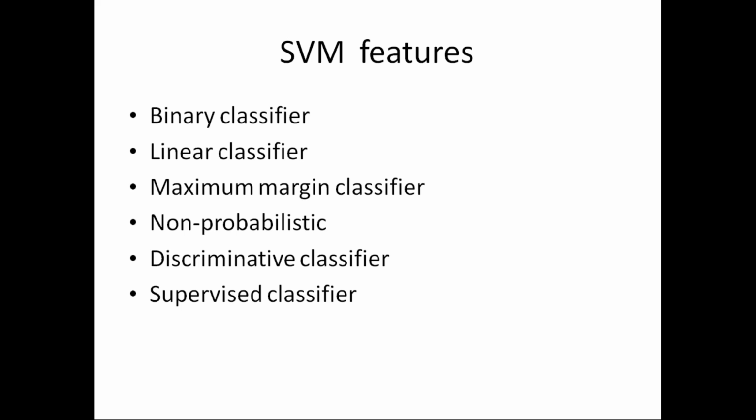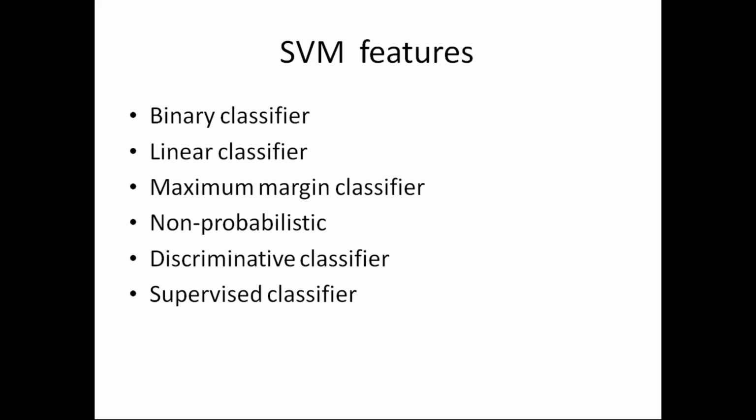A discrete classifier has a hard-coded output, 0 or 1, class A or class B. A probabilistic classifier tells you the probability, for example 0.6 probability that it is class A, 0.4 probability that it is class B. So SVM is a discrete classifier. It will either say 0 or 1.